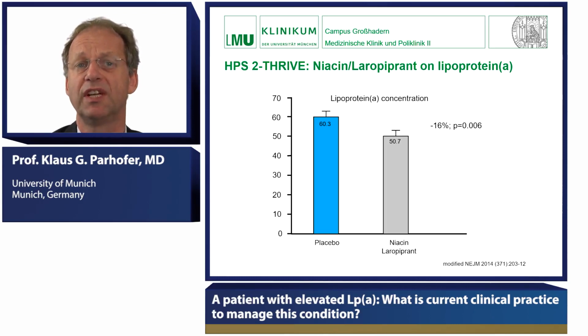In the study, there was a 16% decrease in lipoprotein(a), but as you know, the study was negative and there was no benefit to the patients treated with niacin and laropiprant, which does not mean that lipoprotein(a) reduction does not help. It just means that this is probably not an appropriate approach to decrease lipoprotein(a).